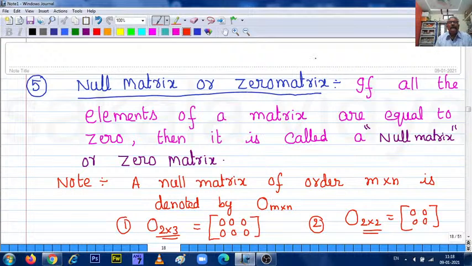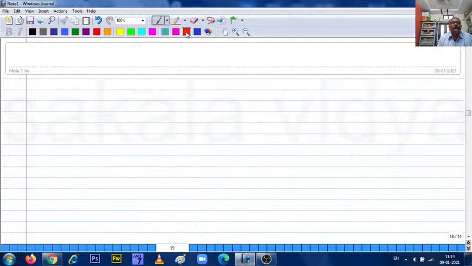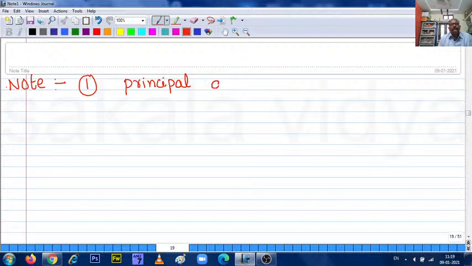Next, note, write down. In this note, first point, principal diagonal. So what is meant by the principal diagonal?